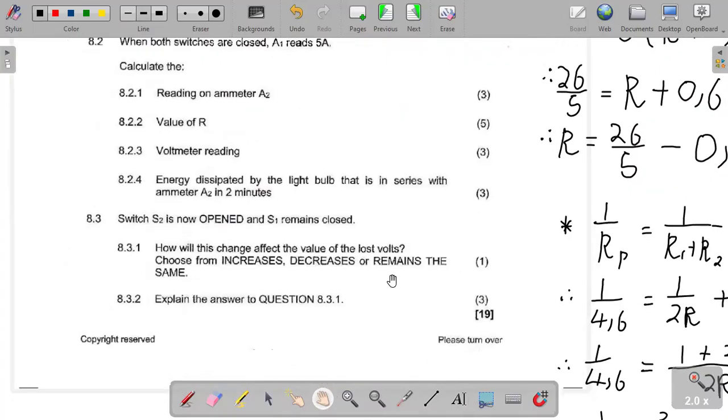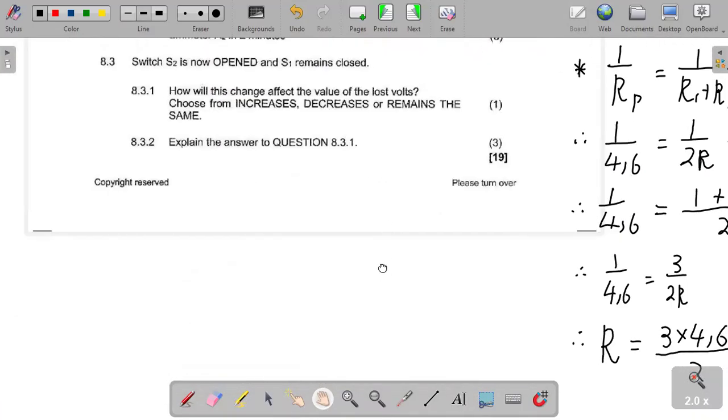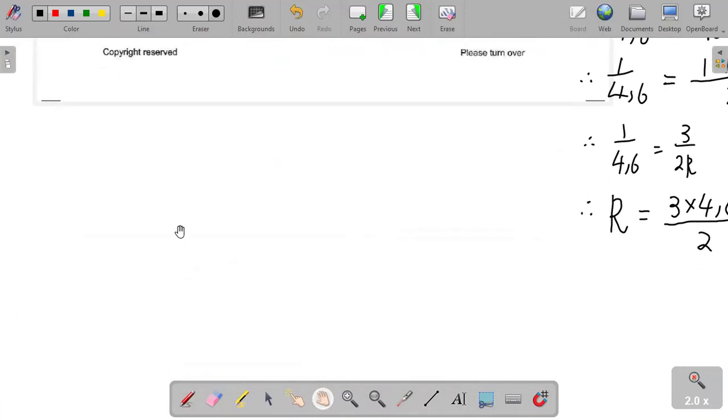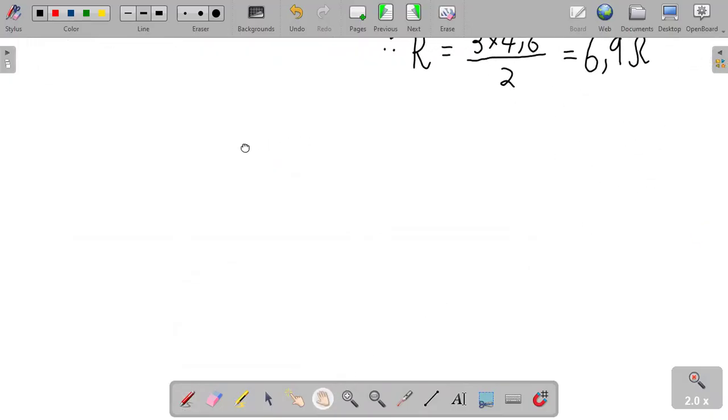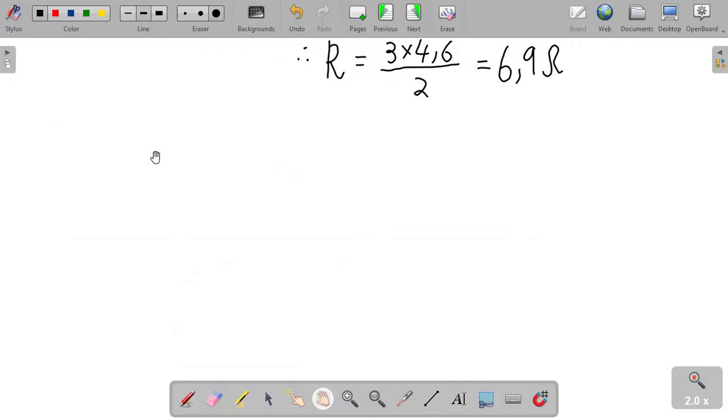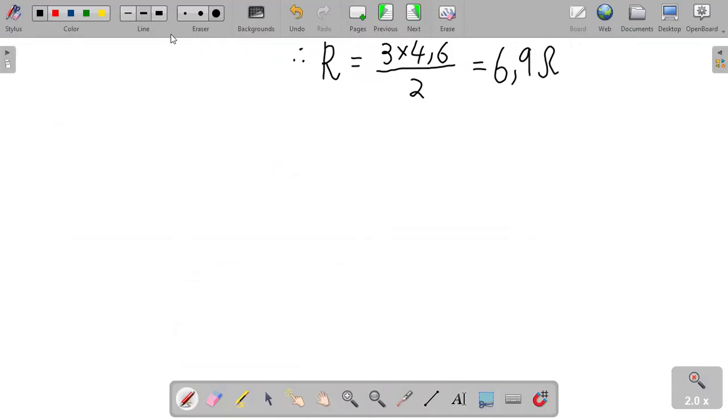Okay, so for 8.2.3, let me do it here. 8.2.3 is going to be V external.